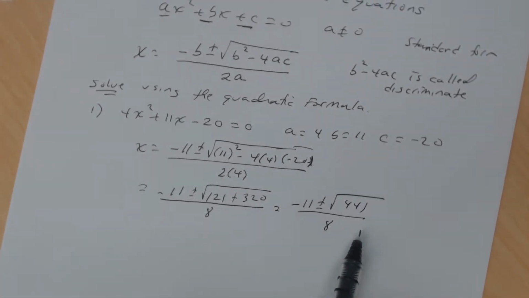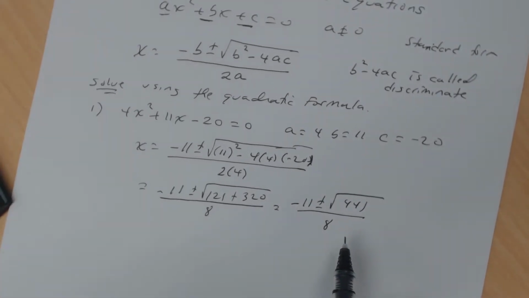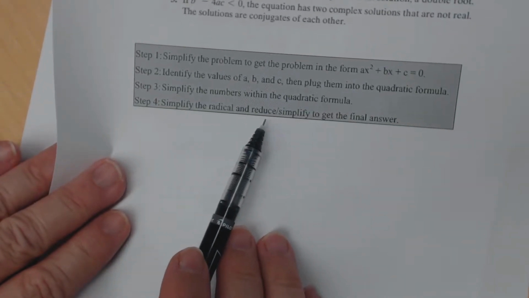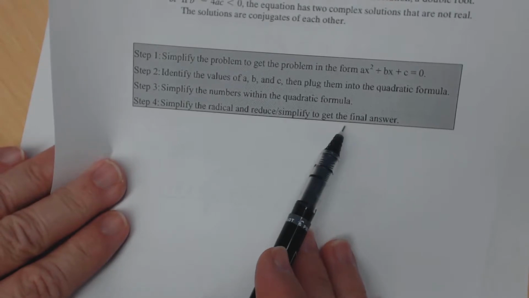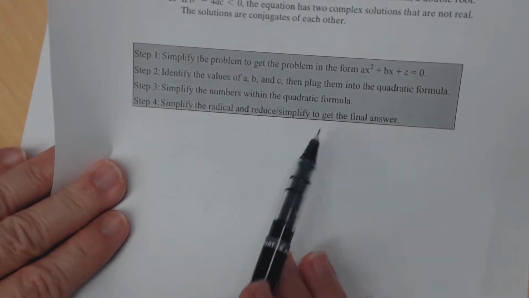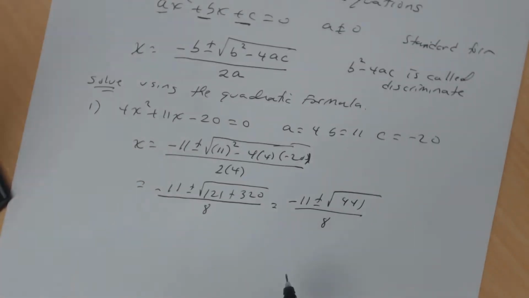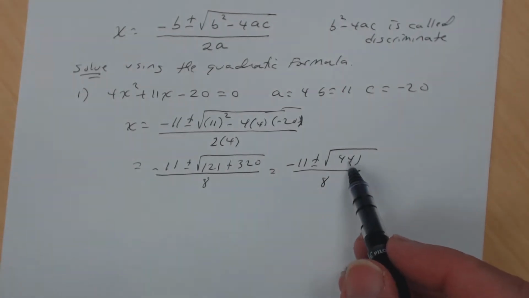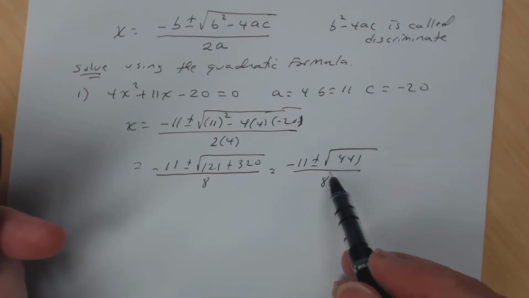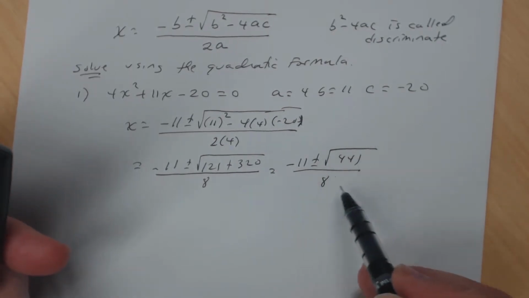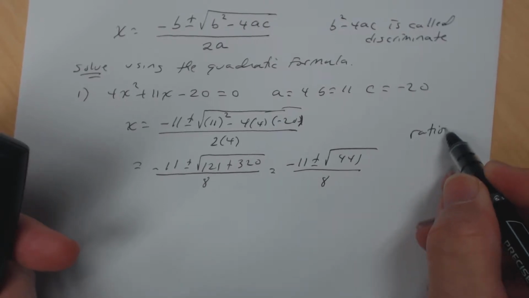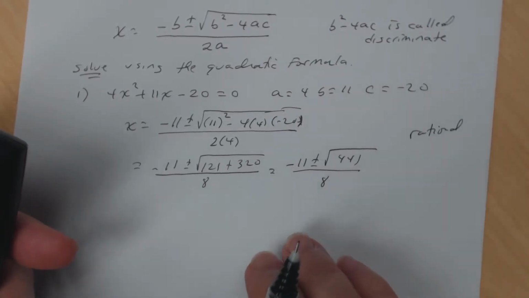Now, don't leave your answer like this, because remember, step 4 says to simplify the radical, and then simplify and reduce to get the final answer. So what I would do first is determine if this is a rational number or an irrational number. If it's rational, you want to write it a certain way.